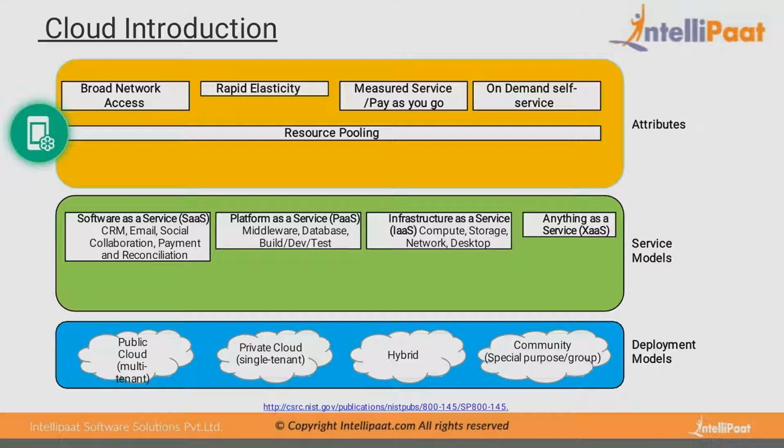There is critical data, and that critical data you don't want to migrate to the public cloud. You want to keep that critical data in your data center, but you want to move your web server or app server to the cloud. So here you are going to use your own data center as private cloud, and on top of that the public cloud.